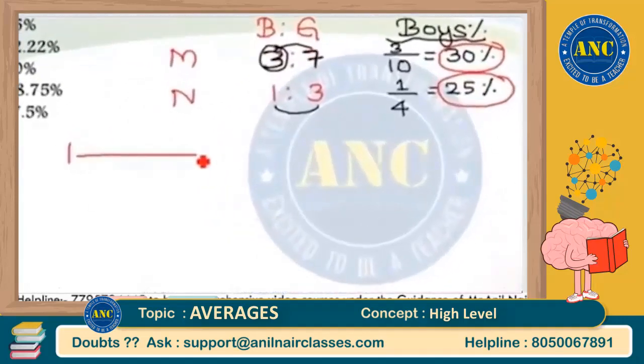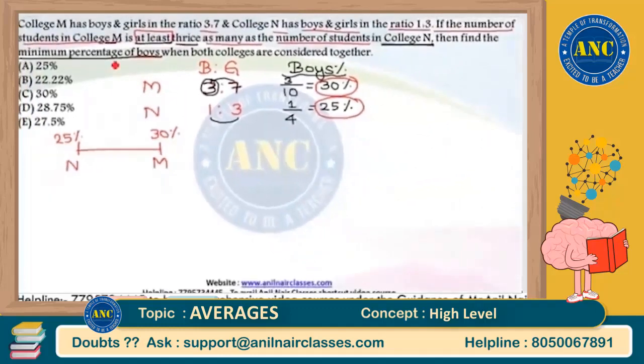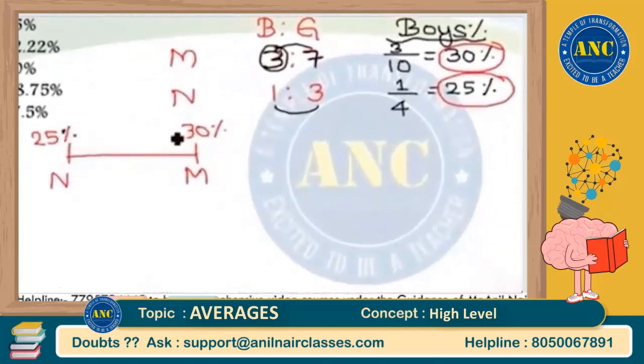If I draw a diagram, 25% is the boys percentage in college N, 30% is the boys percentage in college M. When both colleges are combined together, as I told you at the starting of this problem, the average will definitely lie between the lowest and the highest. Lowest is 22%, highest is 30%.